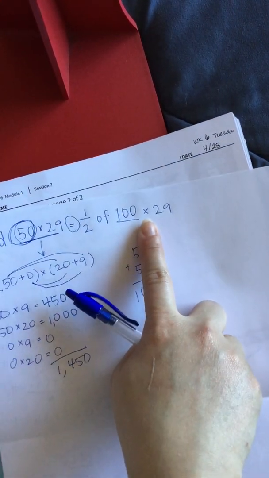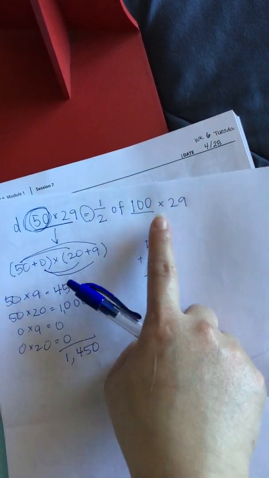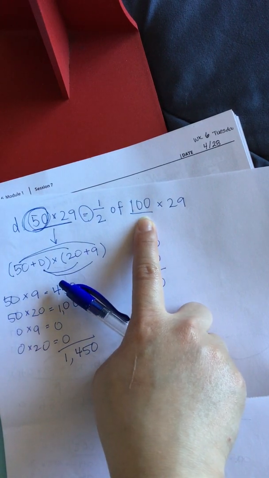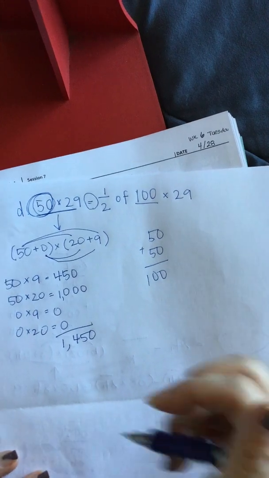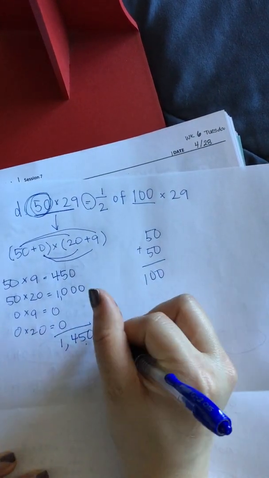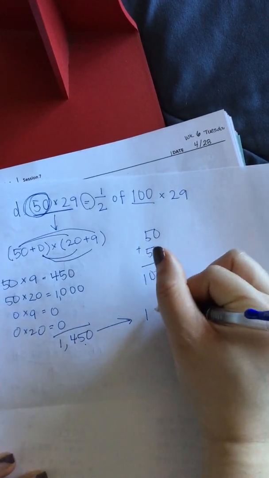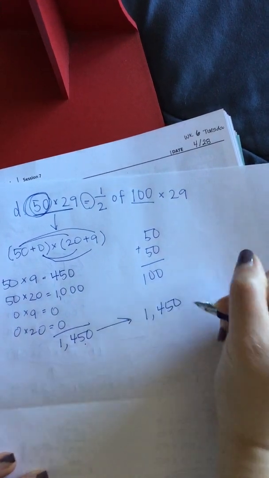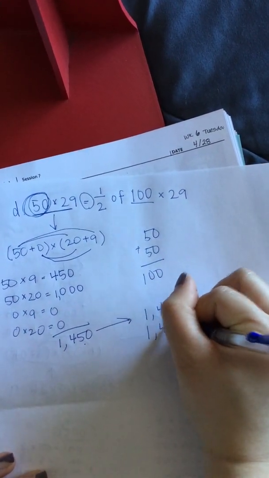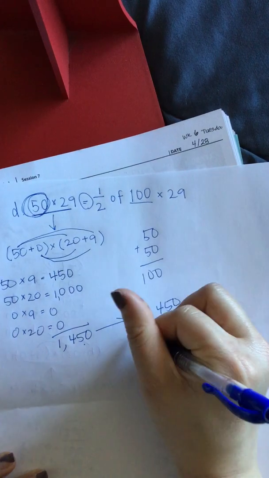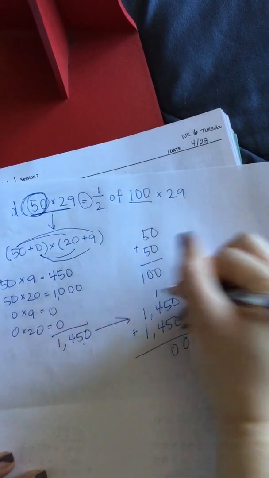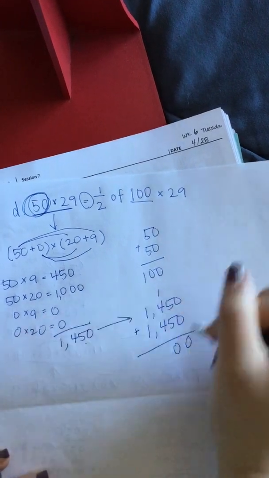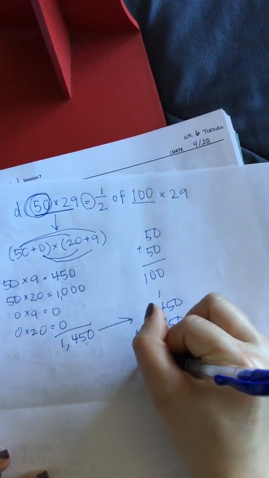Now we can check our answer to see if it's correct. Is half of 100 times 29 1,450? So what we can do to check that really quickly is we can just double this answer. 1,450 is 10. 4 plus 4 is 8, plus 1 is 9.